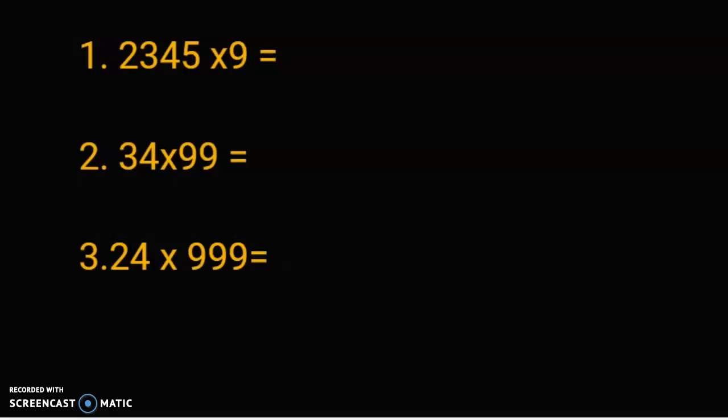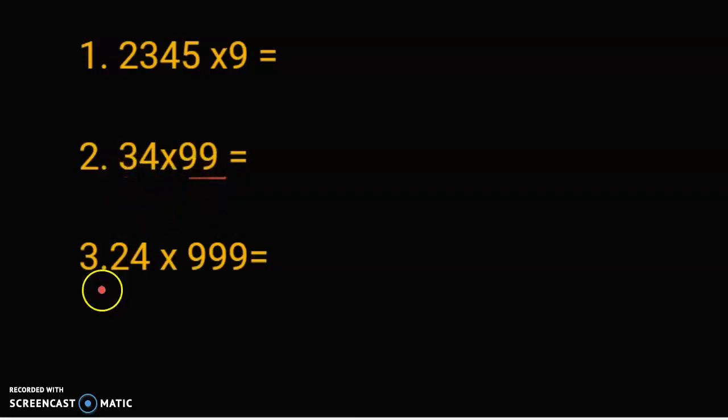So in the first example, the multiplicand is greater in number as compared to the multiplier. Here you have 4 digits, but here just 1 digit. But in this case they are both equal in numbers.